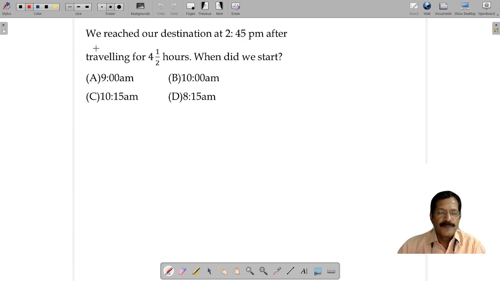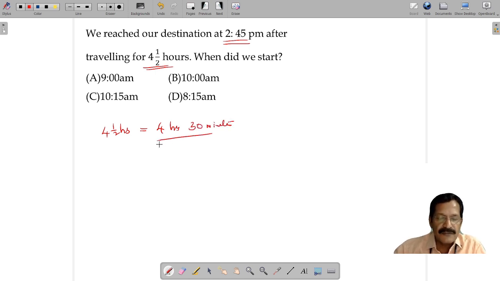Next question. We reached our destination at 2:45 p.m. after traveling 4.5 hours. So we reached the destination at 2:45 p.m. How much time have we traveled? 4.5 hours, which is equal to 4 hours 30 minutes.